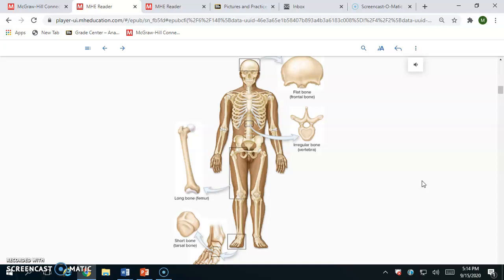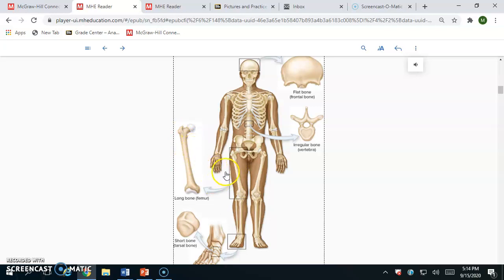The thing that is tricky with these, that I want to make sure people are aware of, is the long bones. Obviously those are the ones in the arms and the legs primarily. But realize that the definition for a long bone is that it's longer than it is wide.